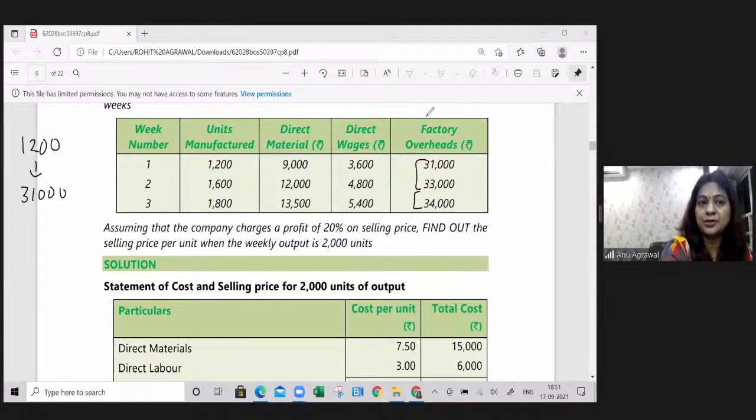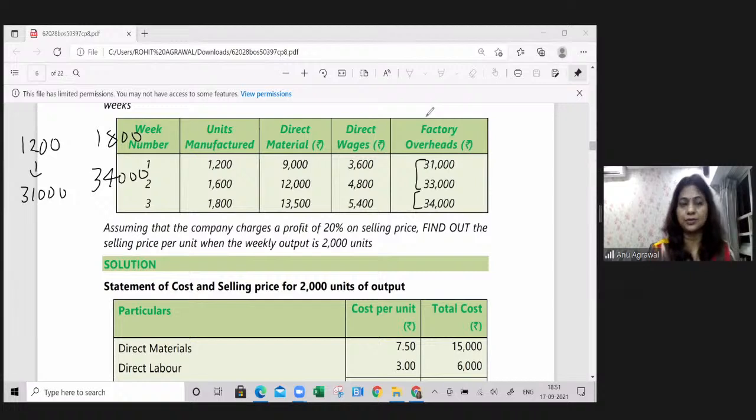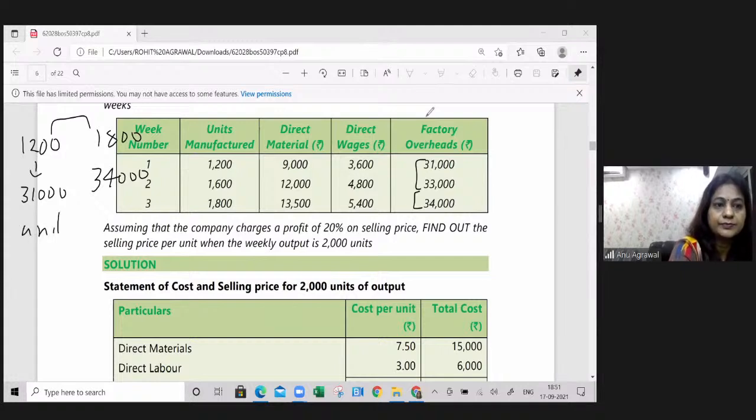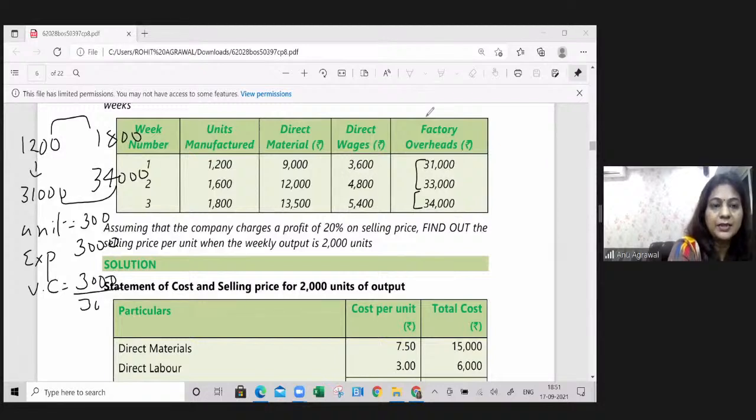If you manufacture 1,800 units, the highest and lowest point, your expenditure is 34,000, right? So what is the difference in units? 300 units. What is the difference in expenditure? 3,000. So the variable cost should be 3,000 divided by 300, that means 10 rupees.